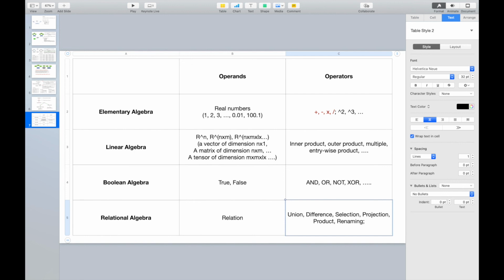So these are the basic operators we can use for the relational algebra. We will introduce them one by one in the following lectures. Based on these basic operators, we can derive more complex operators. I can highlight that they are the basic operators, using a different color.